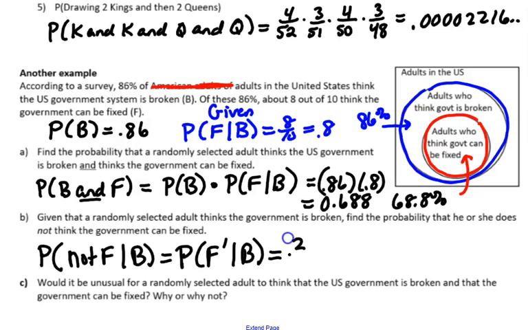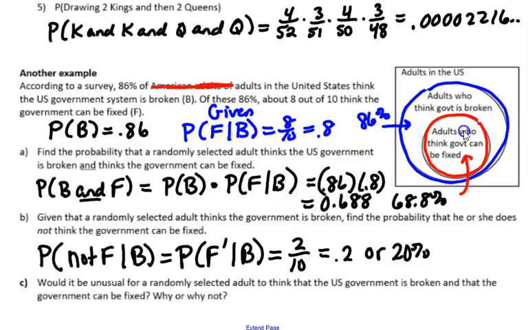That's 2 out of 10. So 2 out of every 10 people who think the government is broken, or 20% of them, think the government cannot be fixed.